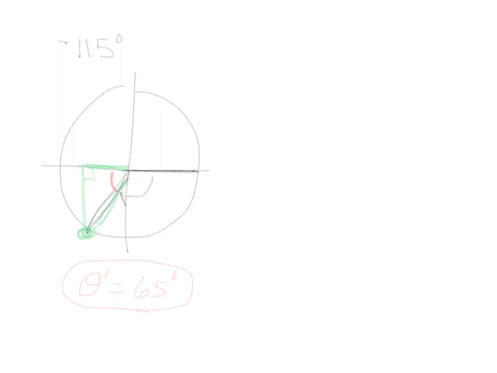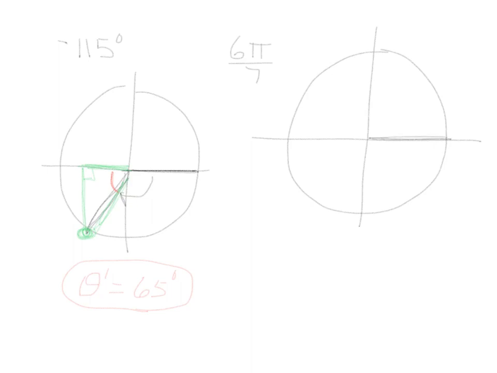All right, we can do the same thing if we are given an angle in radian measure. Let's do 6 pi over 7. Let's draw an angle. Here's the initial side. 6 pi over 7.